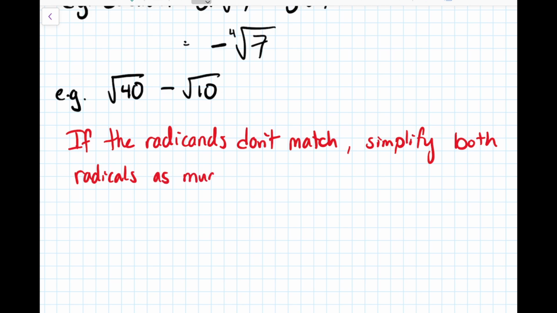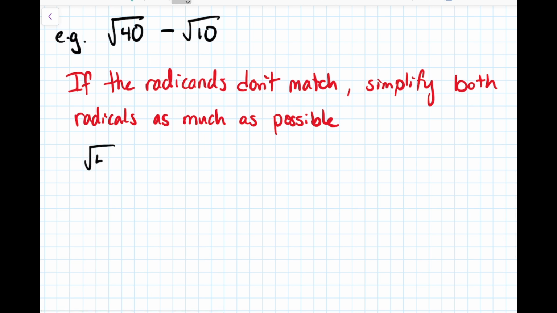This is kind of like working with fractions, where we want a common denominator before we add. The difference is that you can always get common denominators with fractions, by multiplying or dividing to make it work. That's not the case here. You can't always get like radicals. Sometimes you'll make it work, sometimes you won't.